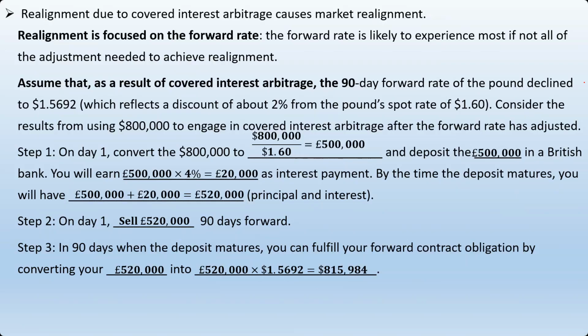What are we at? Okay, 1.998%. So it's approximately equal to 2%. Okay, I'm gonna give you a little time. Please discuss with your classmates. So with a return of 2%, will you as an arbitrageur continue to do covered interest arbitrage?